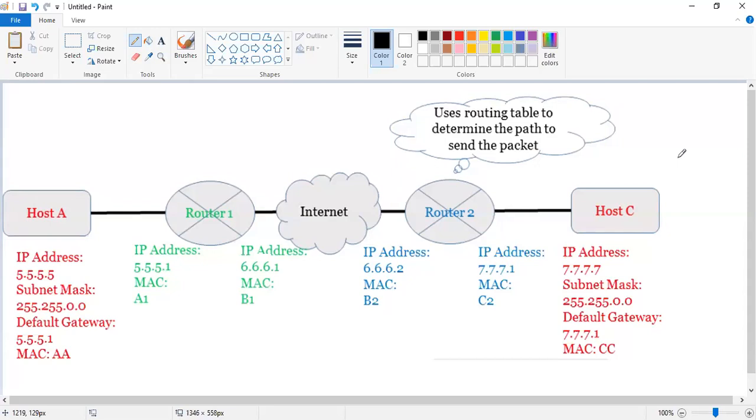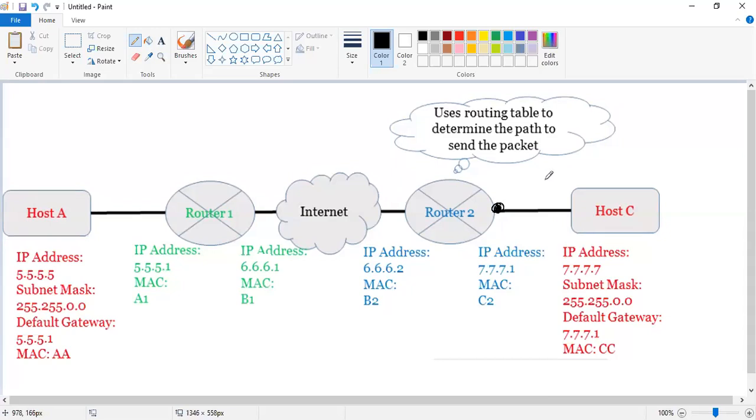Now see how router 2 sends it with all the information to host C, that is 7.7.7. This network belongs to router 2, because 7.7.7.1, 7.7.7.2, 7.7.7.3 and so on up to 10 are all connected to this port. But I would like to know which host really has this particular IP address.